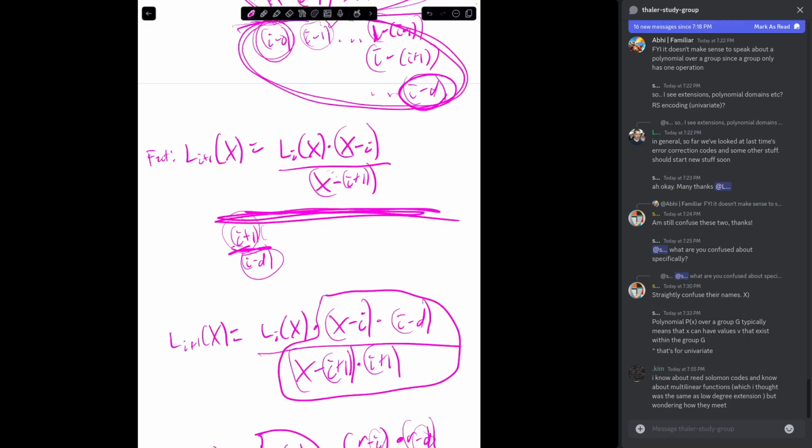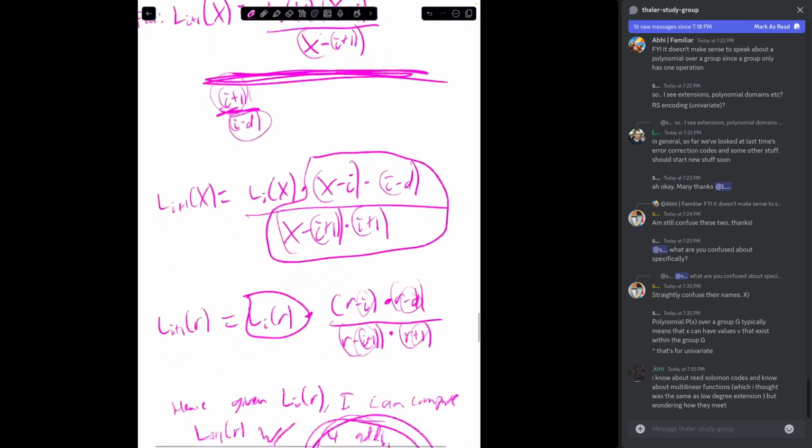So this gets me to the question: am I correct that we compute L0 as a polynomial? So we write it down as a polynomial, and then we have all the others numerically as elements of the field.